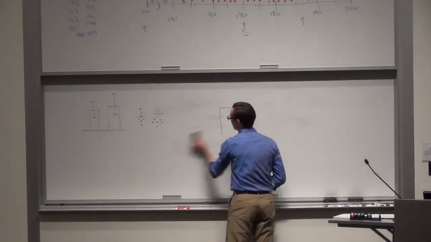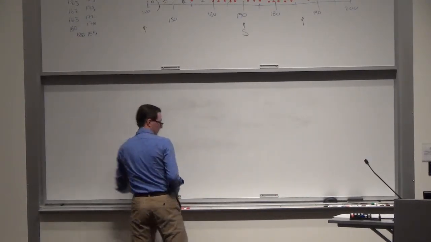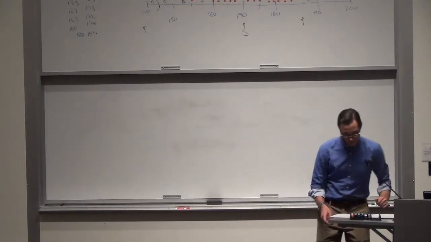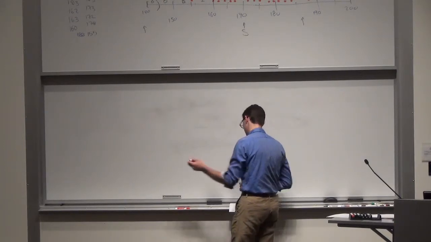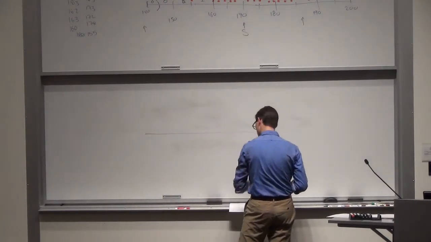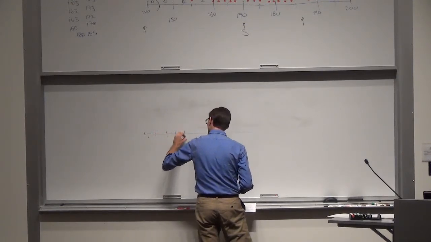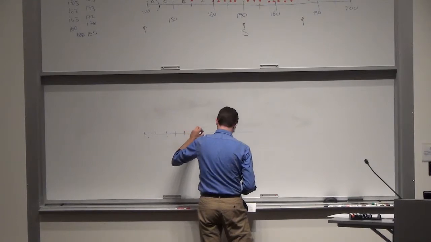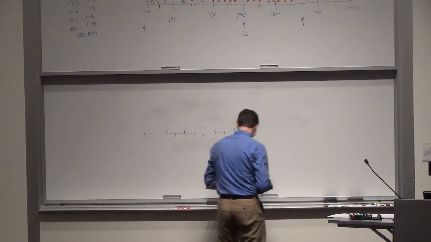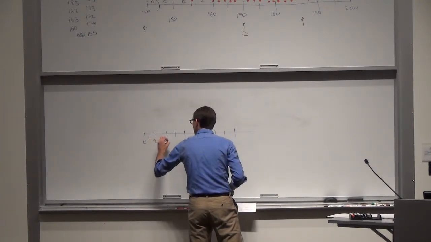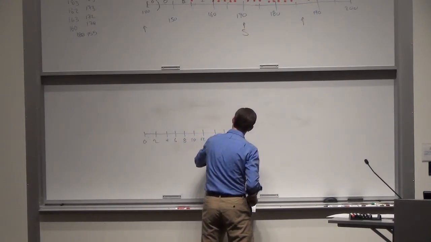Just to belabor the point. It's my favorite thing to do. So let's get a simple list of numbers. 0, 2, 4, 6, 8, 14, 16, 18.